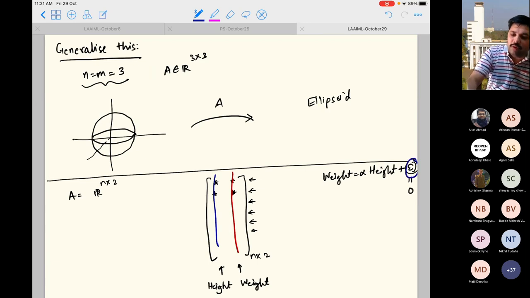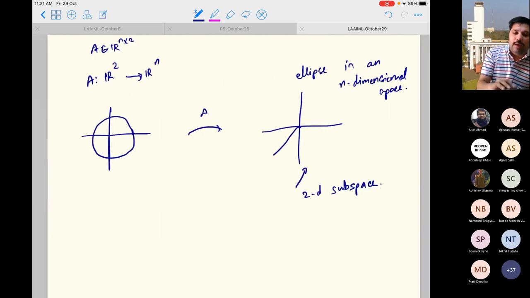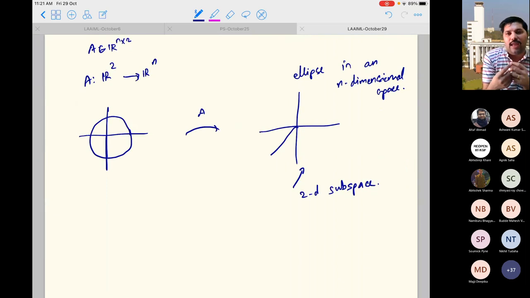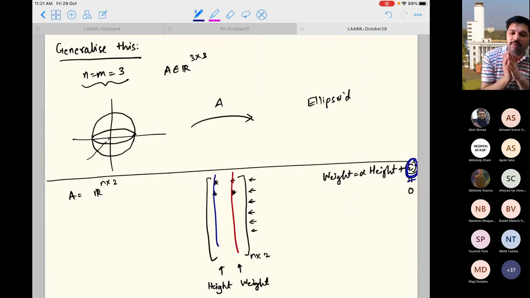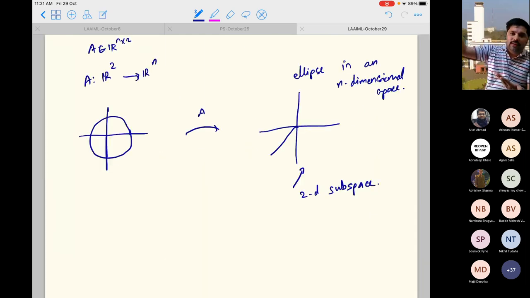And this epsilon almost always is not equal to 0. Because there is a very high correlation between weight and height, that epsilon is very small. In the n-dimensional space, you have a two-dimensional subspace, and in that 2D subspace you will see an ellipse.